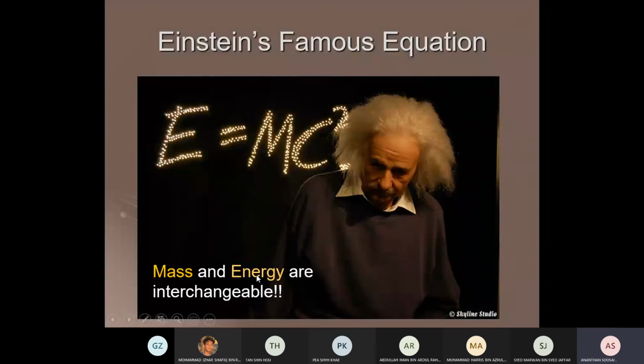So if you want to know, when 1 gram of mass is destroyed to become energy, how much energy will be released? Just put the mass as 1 gram times the speed of light squared, and you get the energy that is going to be released. The energy released is a lot when 1 gram changes to energy. So E equals mc squared.